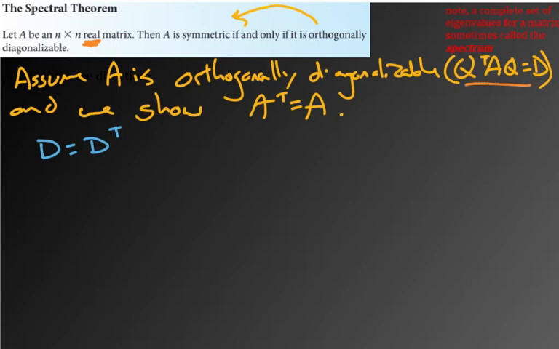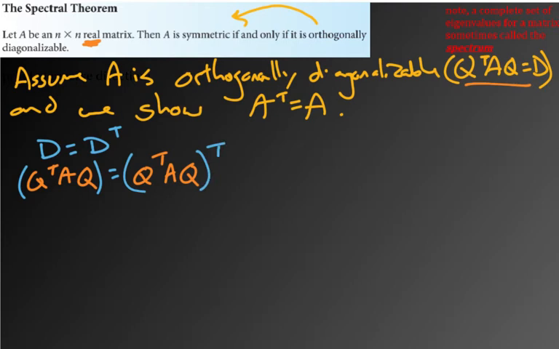So D is equal to Q^T A Q. I'm going to put Q^T A Q in for D, so that's just substitution based on this up here. And then the left side, I'm just going to copy over Q^T A Q. Then I'm going to take the transpose on the right.